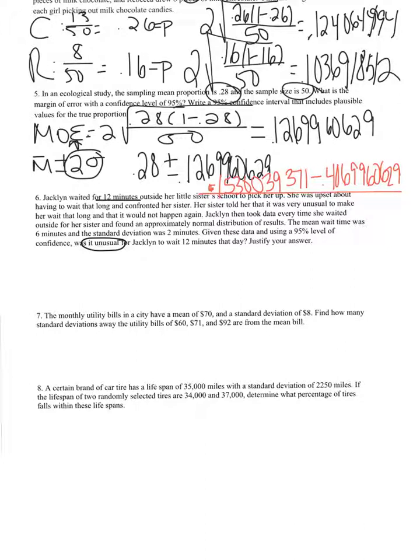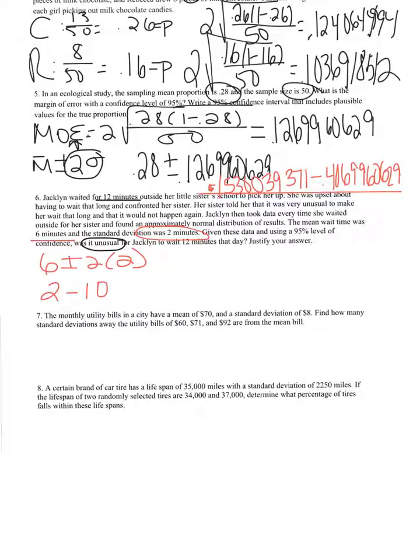So when she went back to take this data, she found that the mean wait time was 6 minutes and the standard deviation was 2 minutes. So you take the mean, you add and subtract 2 standard deviations. So add and subtract 2 times 2. This ends up giving you 6 minus 4, from 2 minutes to 10 minutes.